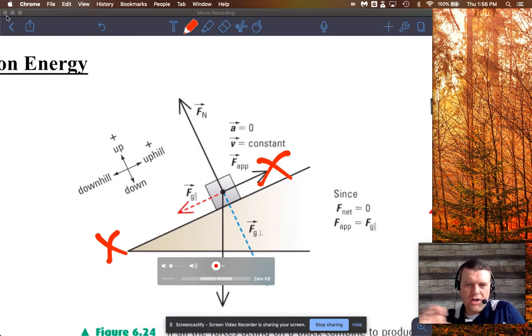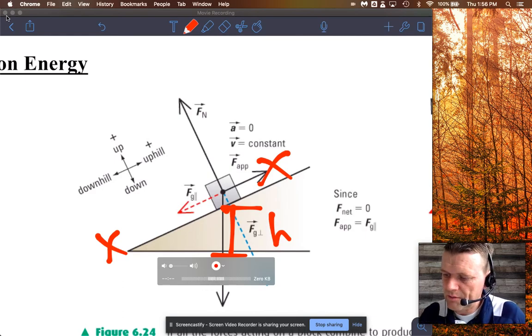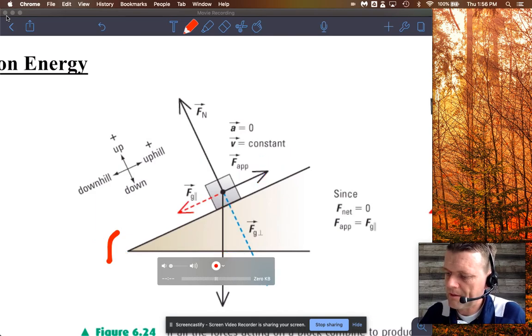But there would be a change in the gravitational potential energy, because you got a change in height. So this is one possible scenario, where you move it at a constant speed, where the velocity stays constant.